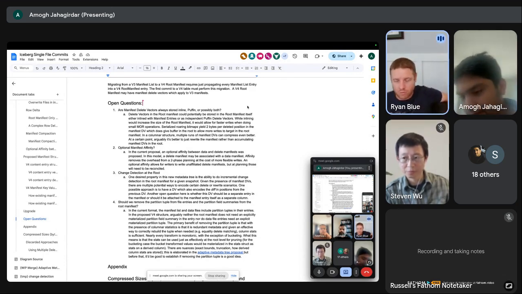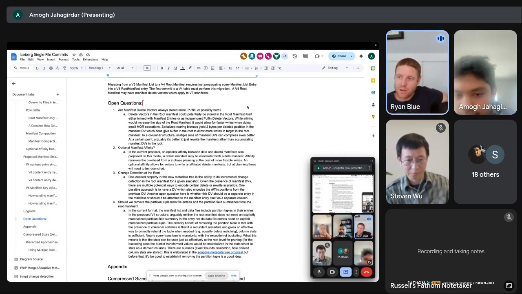So you write all of those in parallel, and then we collect them and commit them to the table, just like you would for data files. So the actual data DVs are considered content. The inline DVs that we're talking about here are just against manifests and the content tree itself.